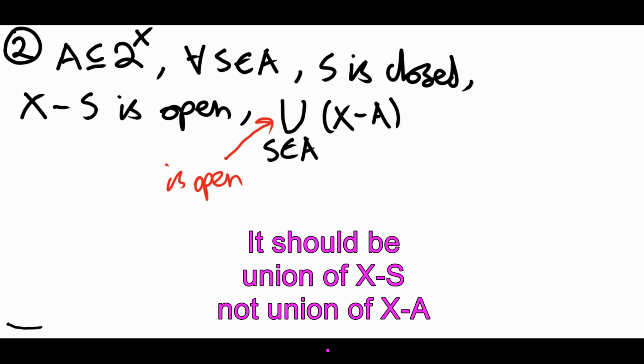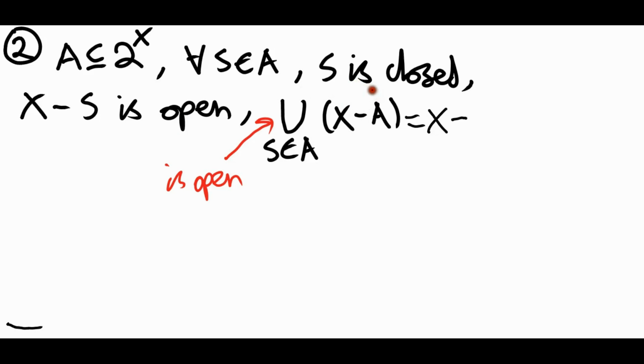Now, can we write this in a better form? Well, it can be written as X take away the intersection over S in A of S. Let's just check this.